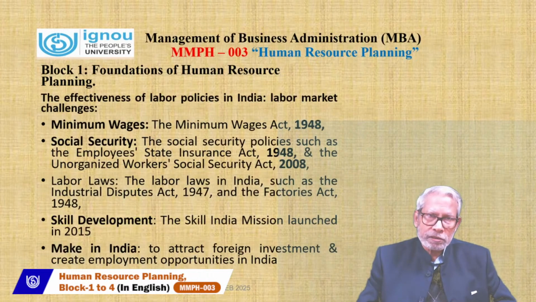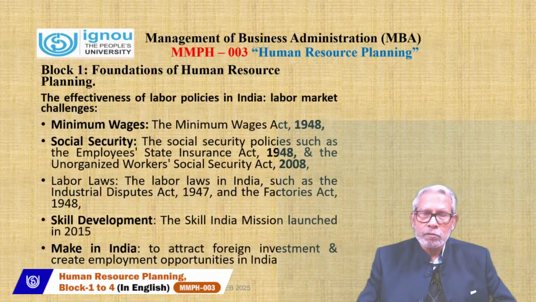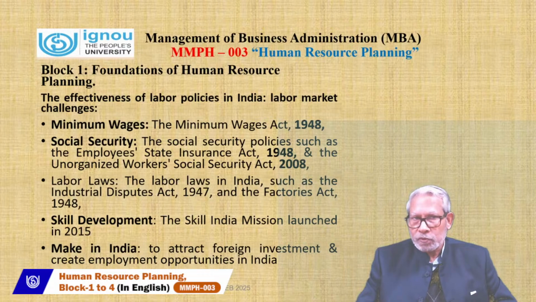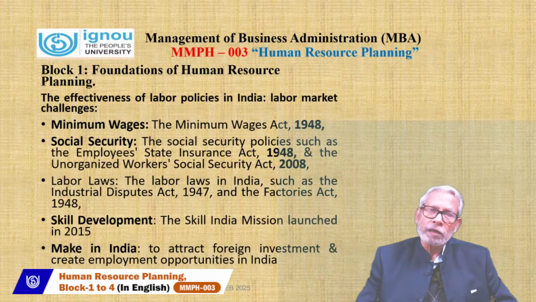Now, the minimum wages policy: the Minimum Wages Act as per the labor law was formulated in 1948. Then social security, as per the act of 1948, and after that the Unorganized Workers' Social Security Act, 2008.